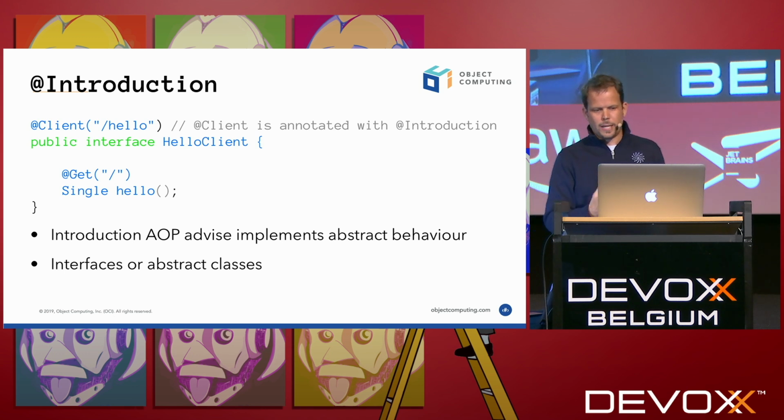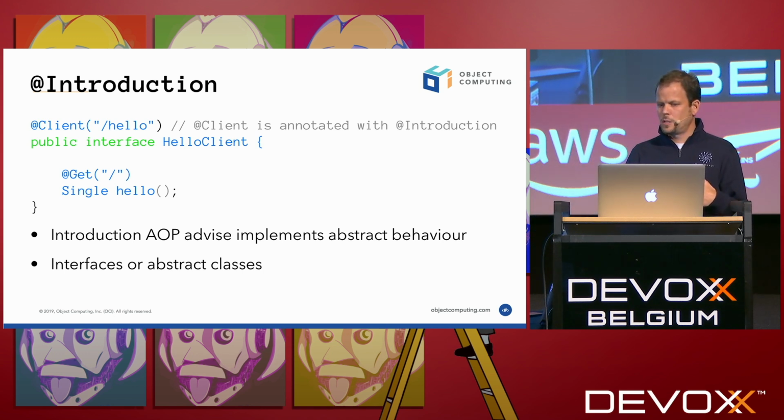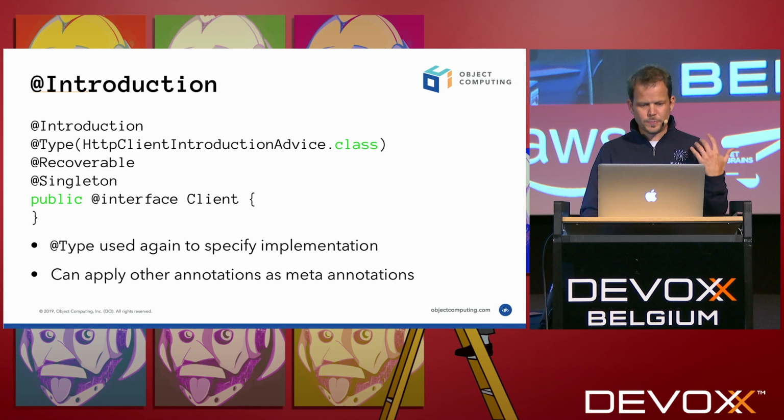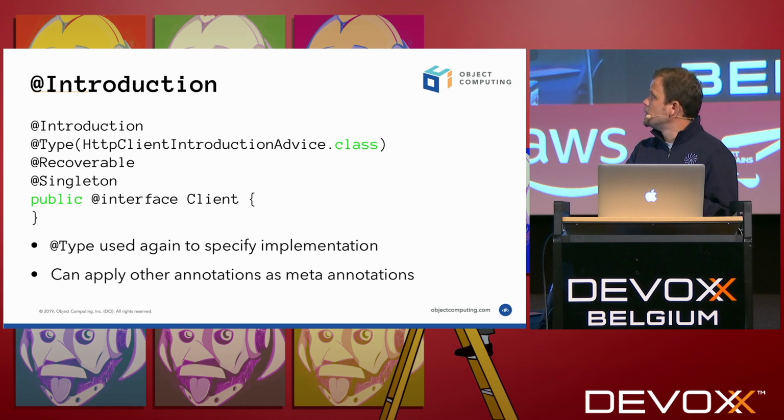It's a feature available to anybody who can use it. It's part of Micronaut AOP. So pretty simple. Again, you just define an annotation that has an introduction on it, and away you go.